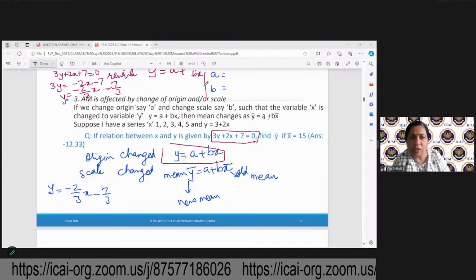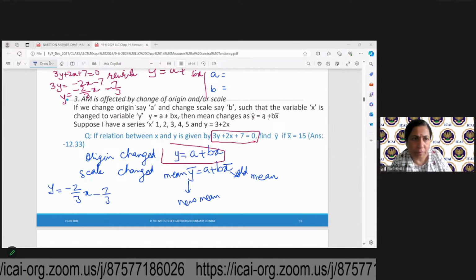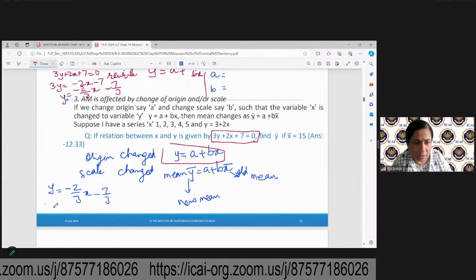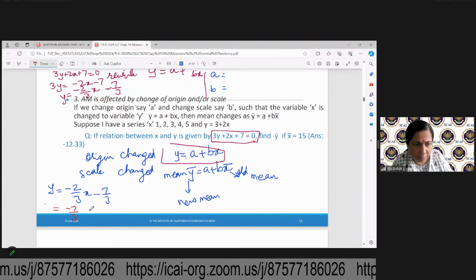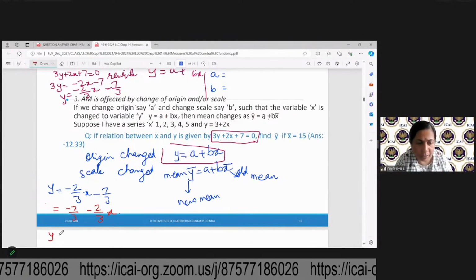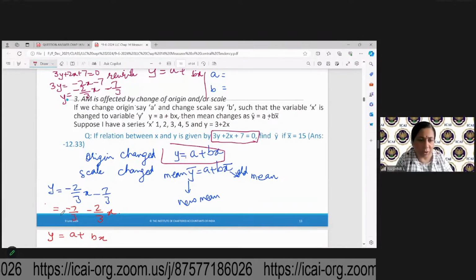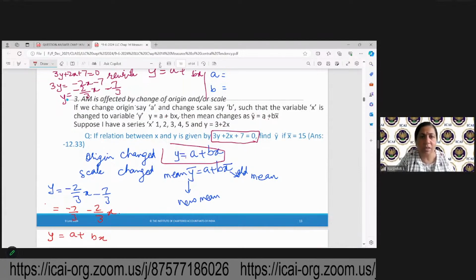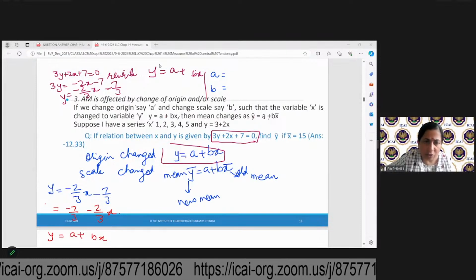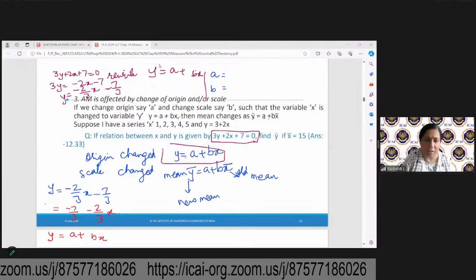A is not equal to x. This has to be written as minus 7 upon 3 minus 2 upon 3 x. And now you compare this with y is equal to a plus bx. Now can anybody tell me what is the value of a and what is the value of b? Jyoti is saying a is equal to minus 7. Suchitra is saying a value is 3.